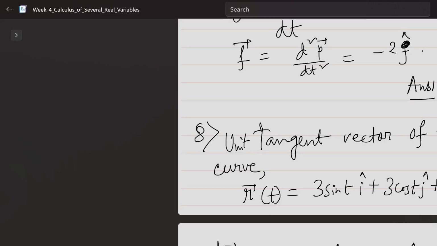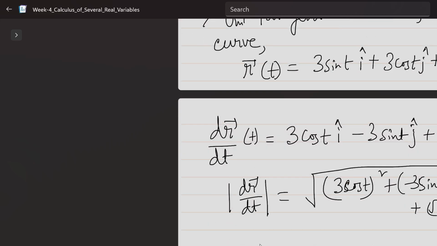So what is the modulus, the magnitude? Unit means, as I told you in the past day, finding a unit vector means you have to divide by its magnitude. So (3 cos t) square plus (3 sin t) square plus 7, right? Any question till now?